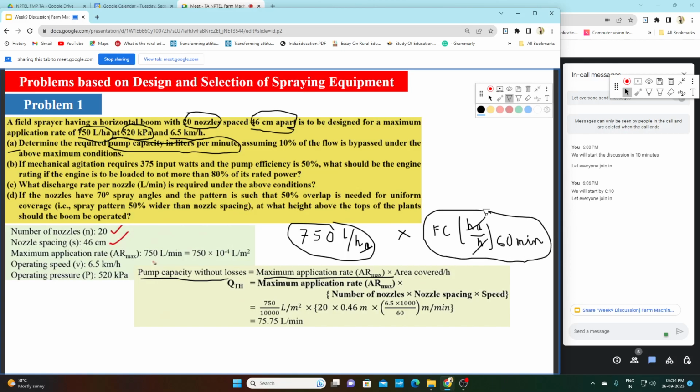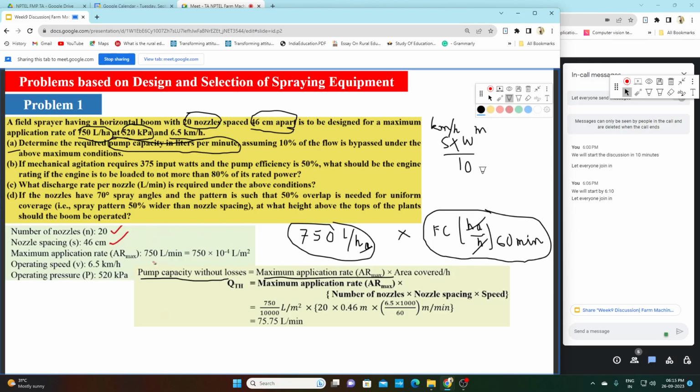How can we find the field capacity? Field capacity is speed times width of the implement divided by 10, with speed in kilometer per hour and width in meter. When we do this, we get our field capacity in hectare per hour.